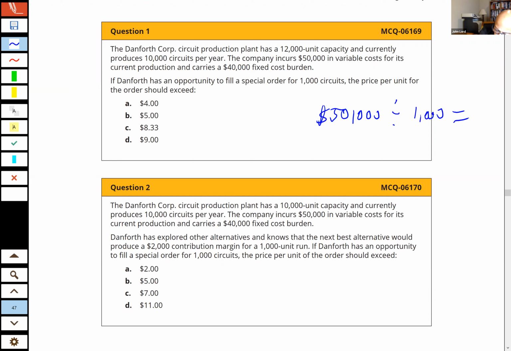And that means we have to... not the 1,000 circuits, excuse me, the 10,000, right? 10,000 circuits, yeah. Because the variable cost is $5 per unit here.